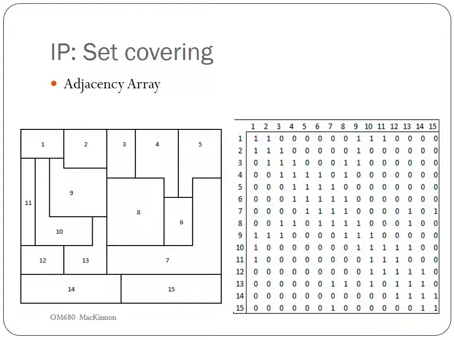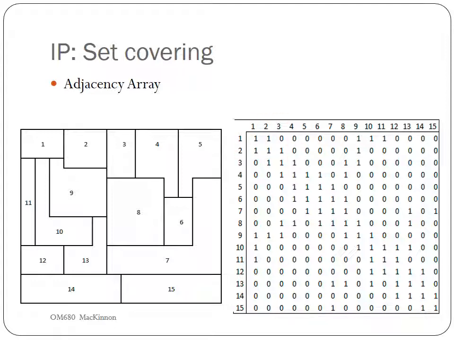So we create what is known as an adjacency array. This takes a little bit of work. We lay out a 15 by 15 grid in Excel, since there are 15 regions, and we put a 1 wherever there are adjacencies.